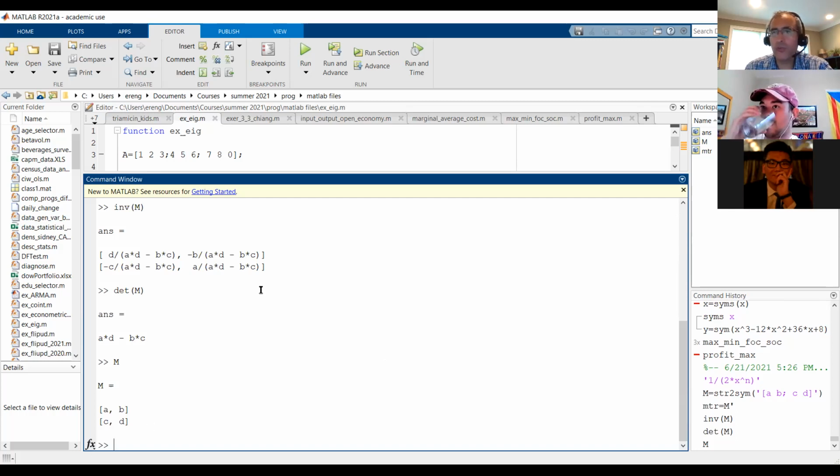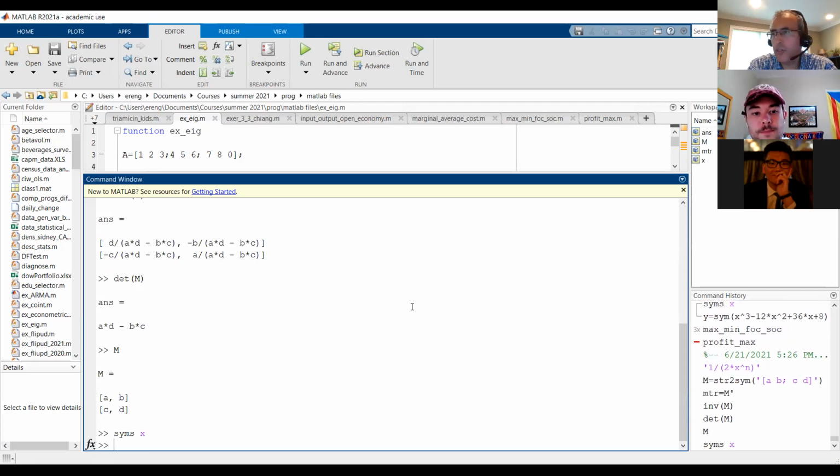Let's do another way of using symbolic mathematics. One way of defining symbols is simply syms x. So this tells Matlab, consider x as a symbol. And then you can define your functions. For example, f is going to be, I'm just creating whatever, x cubed divided by sqrt, just something complex, minus x.